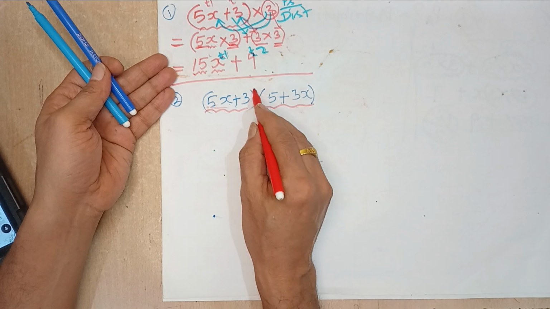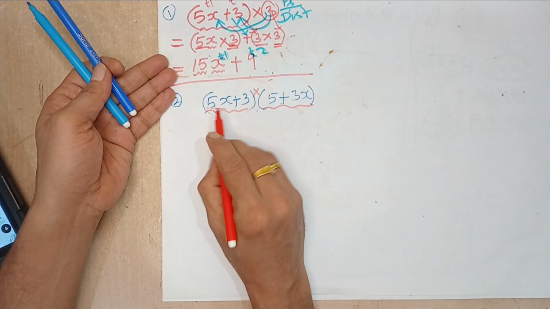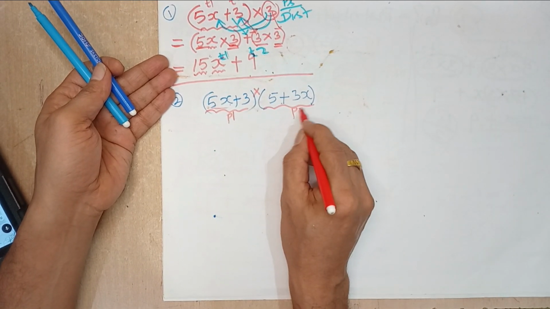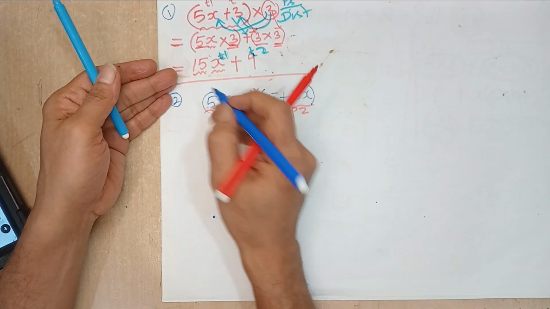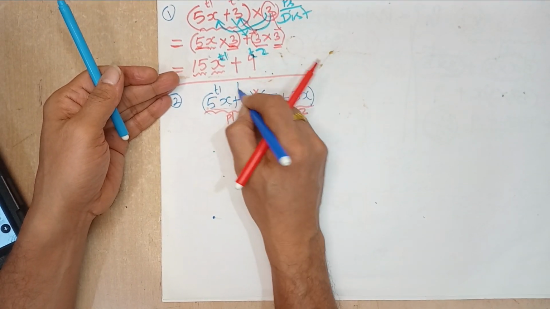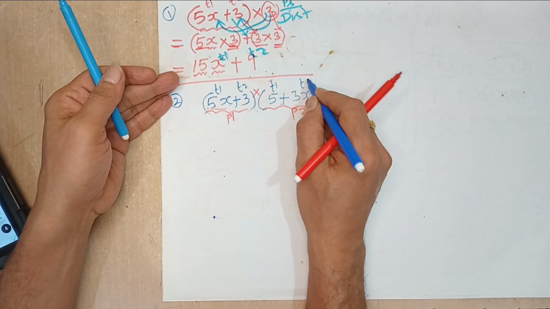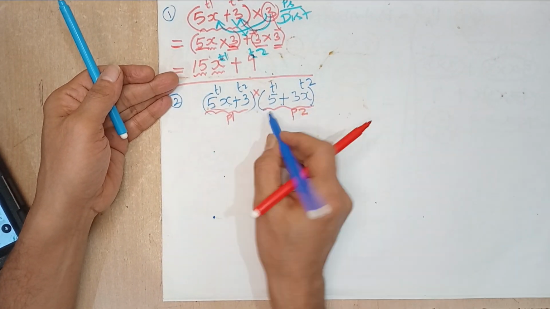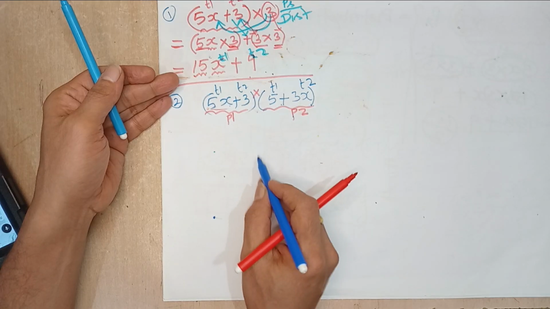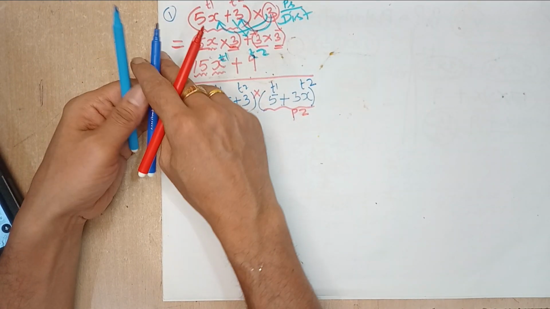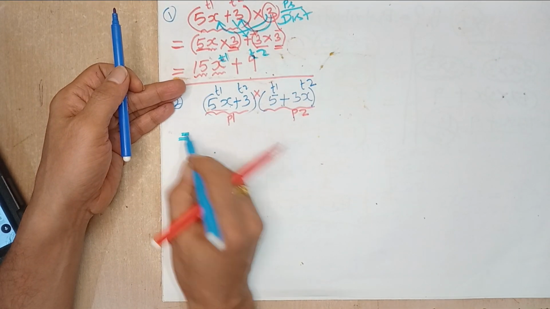This is a product, meaning multiplication. Part 1, part 2. Part 1 has got two terms, term 1, term 2, and part 2 has got two terms, term 1 and term 2. At the end we'll get four terms. Let's go to the second step.